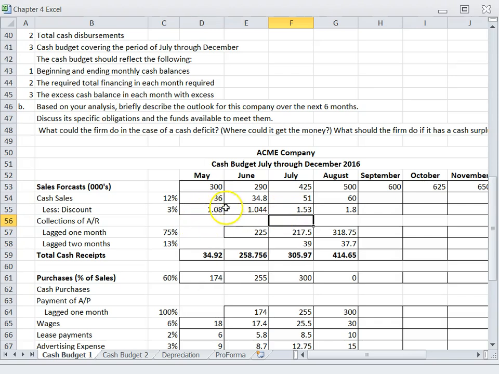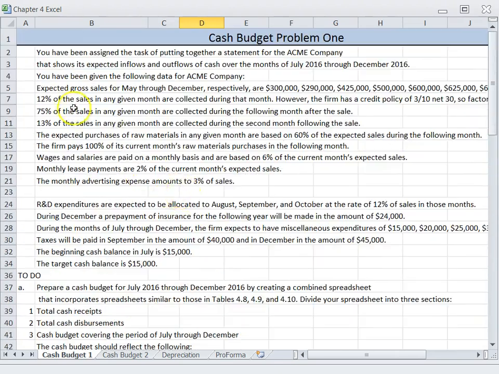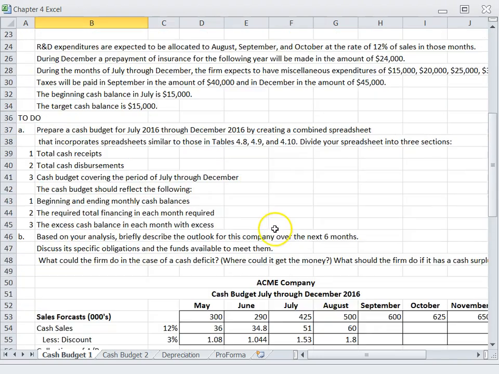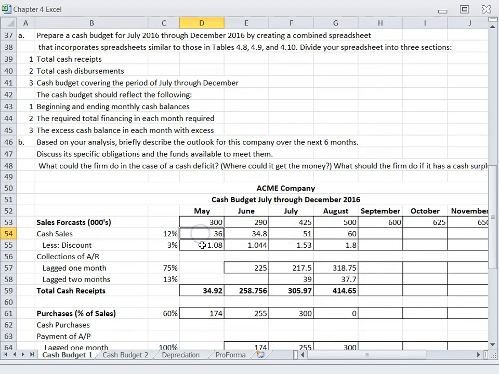Okay, so here's what I calculated for the cash sales. What this is saying is May's $300,000 in sales, 12% will be paid in cash, and of that cash payment, there'll be a 3% discount. So we're going to give a 3% discount. Okay, so that takes care of this line. Once I have my formula to calculate 12%, what is 12% of 600,000? 72.